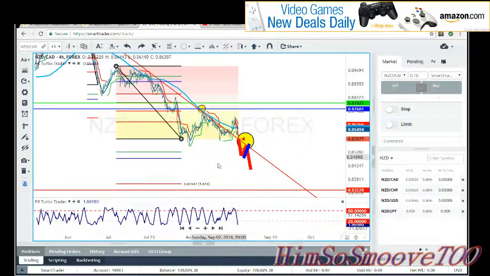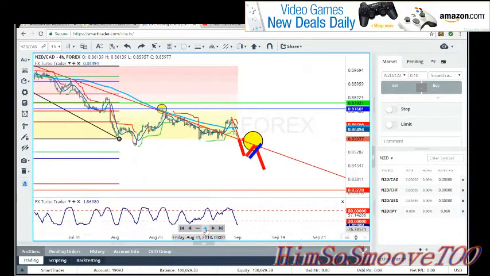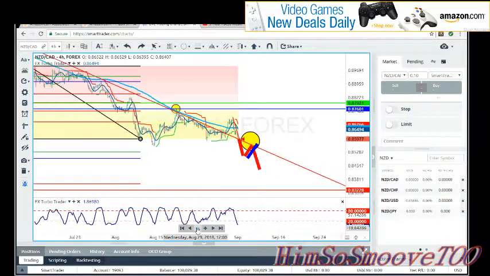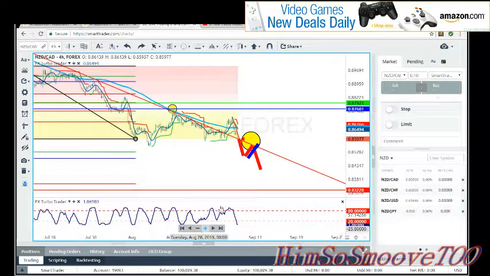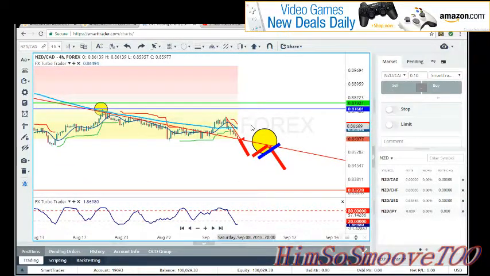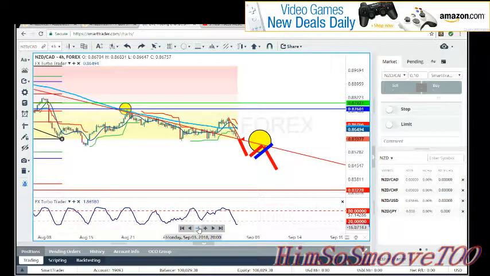But you want to wait to sell a high price, because right now the market's at a low price. If the market does hold on the backside test, we want to look to buy it up to this green line, which we are in the oversold zone on the stochastic.